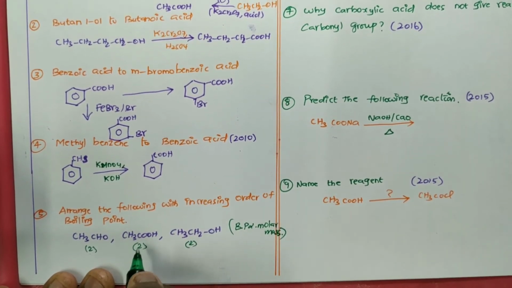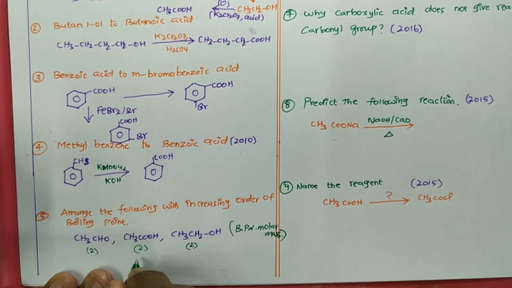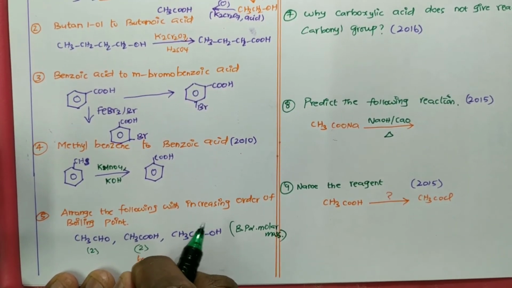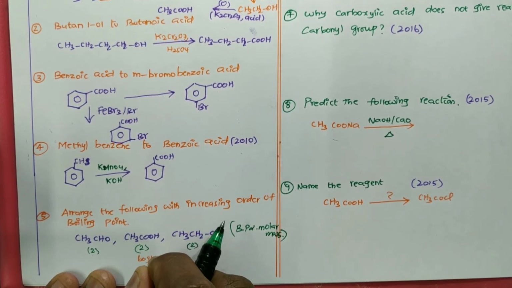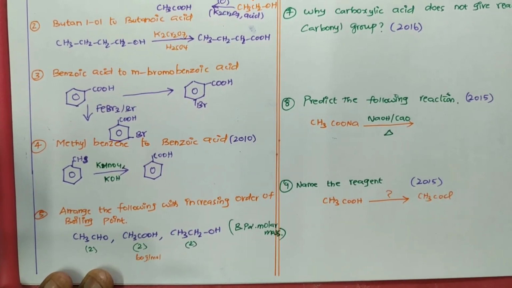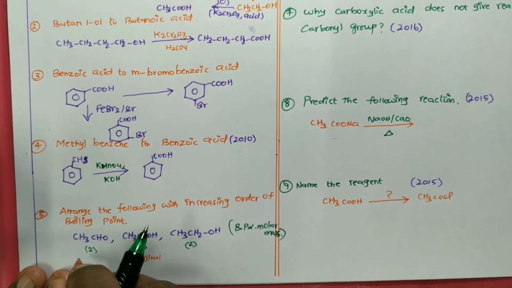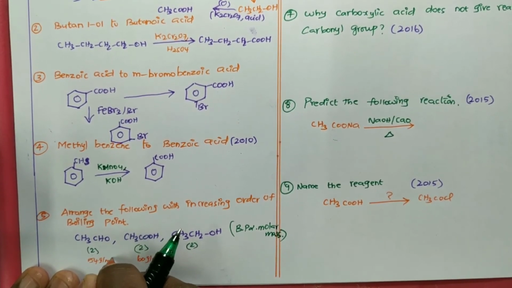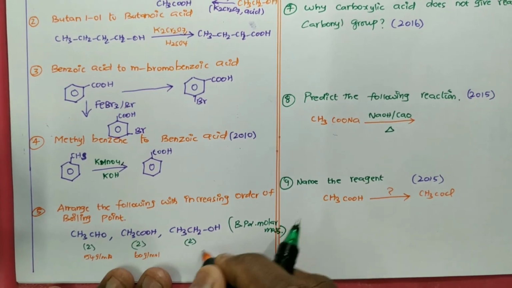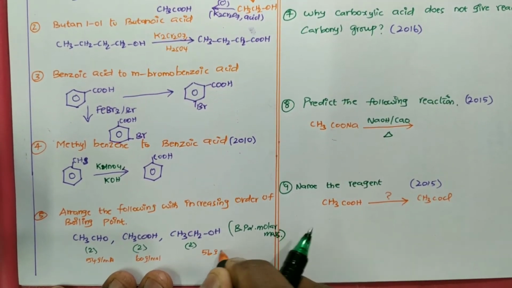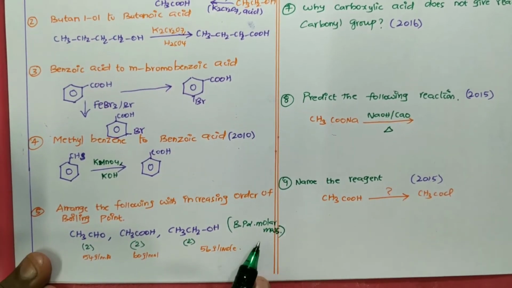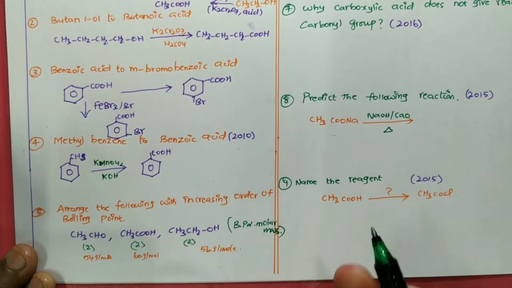For example, acetic acid has a molecular mass of 60 gram per mole. For the aldehyde, if we calculate, it is 54 gram per mole. For the alcohol, it is 56 gram per mole. According to the concept, if the molar mass is very high, the boiling point is very high.